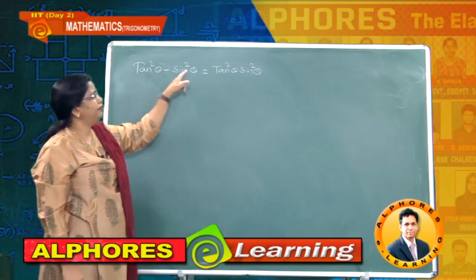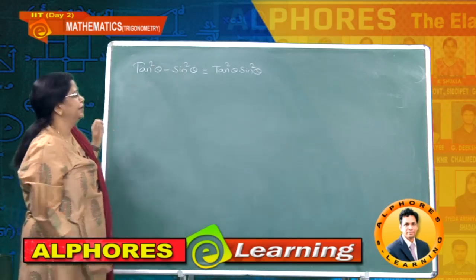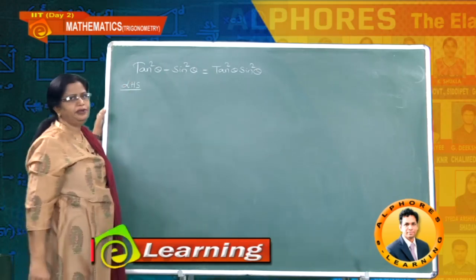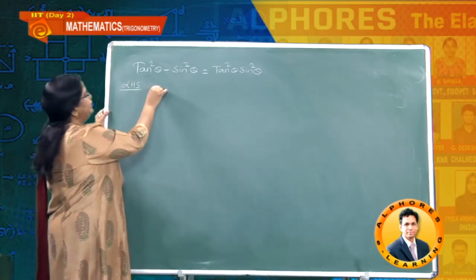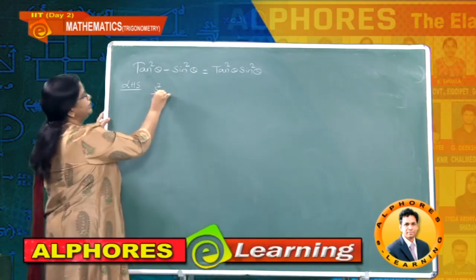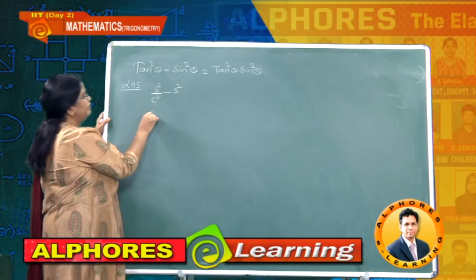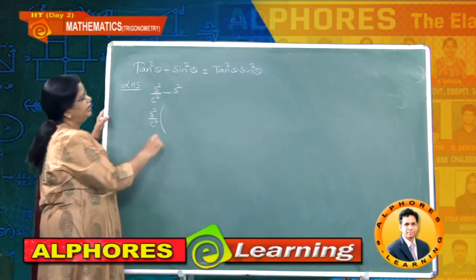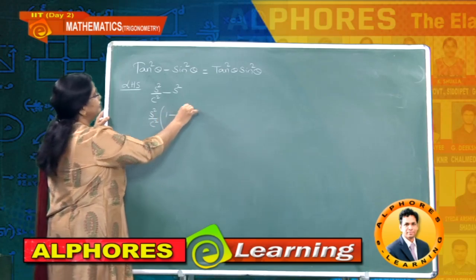Then how did you get from this one to this answer? Take the LHS, left hand side. Tan square theta means sin square divided by cos square, and minus this sin square. Now I will take sin square by cos square common. So this value is 1 minus cos square.